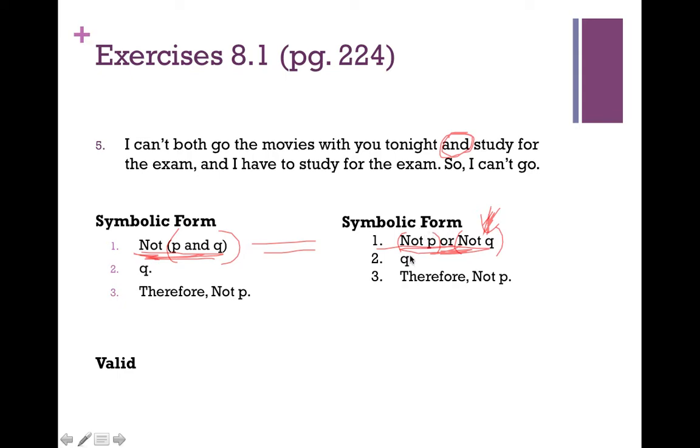Because what you're doing down here, let's say you got the one on the left-hand side. Notice that you are denying the disjunct, because right here the disjunct is not Q, and you're saying Q. Q is basically saying that not Q is false.